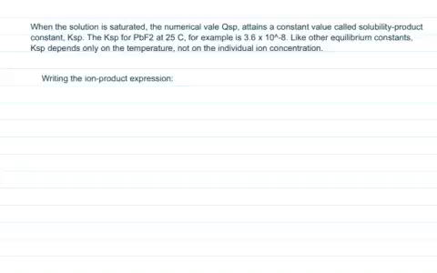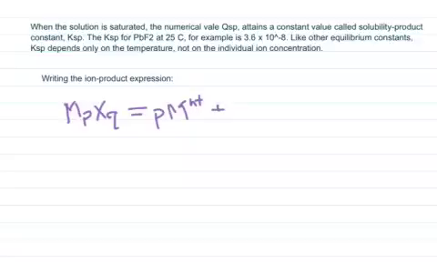So when we're writing the ion product expression, we use M with subscript p and X with subscript q equals p M to the n plus and q X to the z minus. So what we did is we just broke apart our ionic compound and created the new ions.